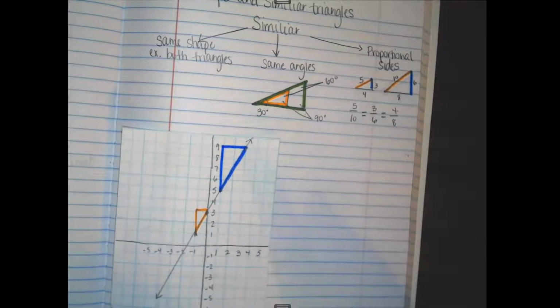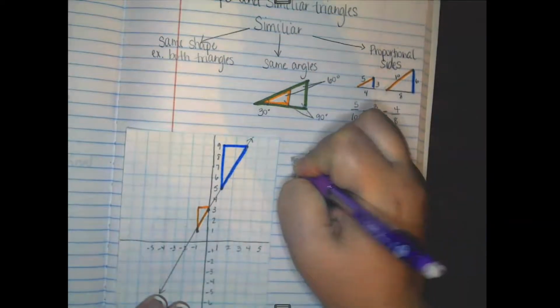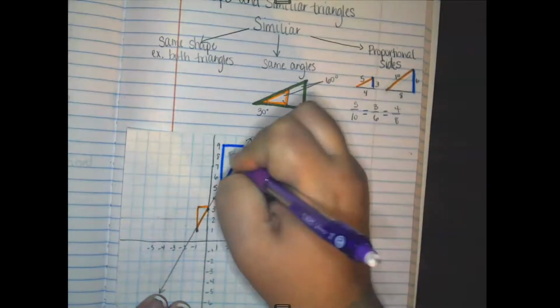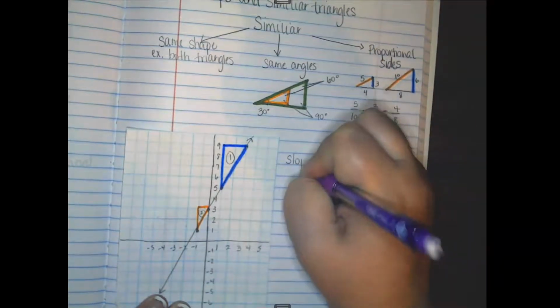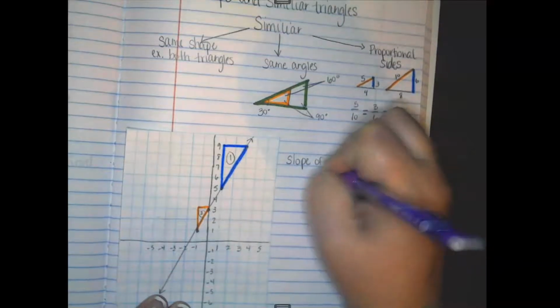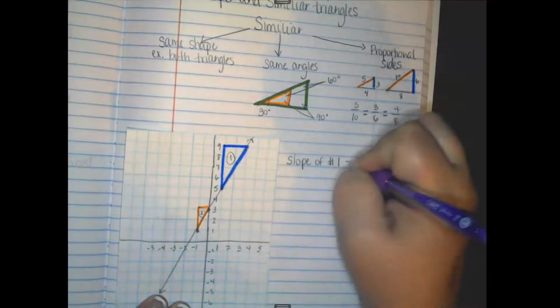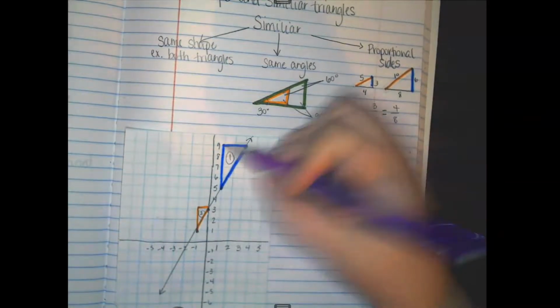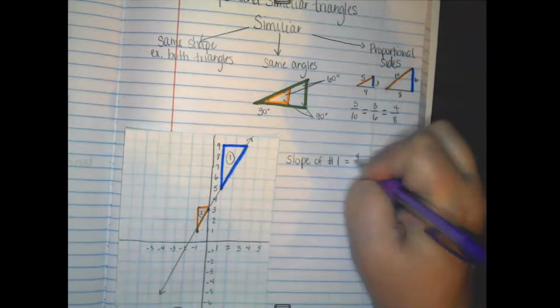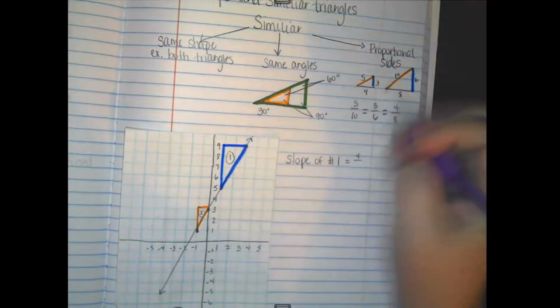And so I'm going to find the slope of my two triangles here. This is triangle 1, and this is triangle 2. So slope of number 1 is, I rose 1, 2, 3, 4, and I ran 1, 2.